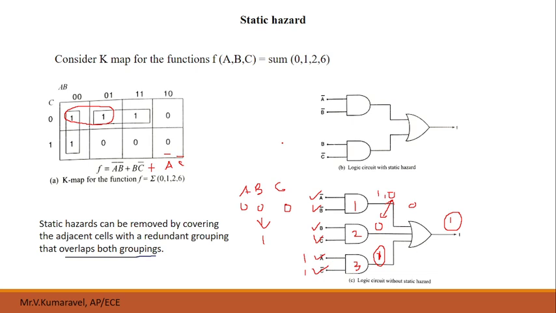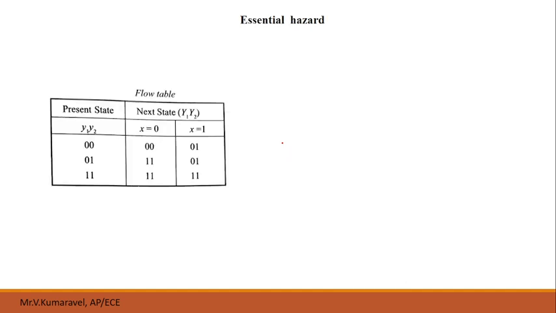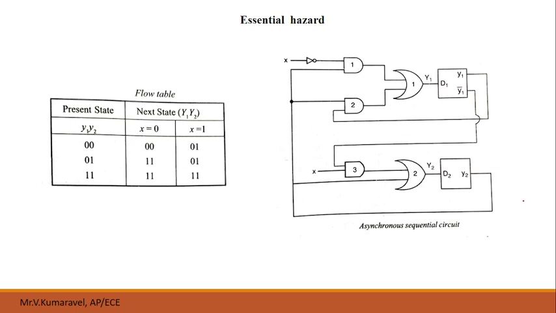Dynamic hazard is similar to static hazard. We can do the same procedure to eliminate the dynamic hazard. Now we will see what is essential hazard. For essential hazard, let us consider a flow table as well as an asynchronous sequential circuit. Let us consider the present state and next state.